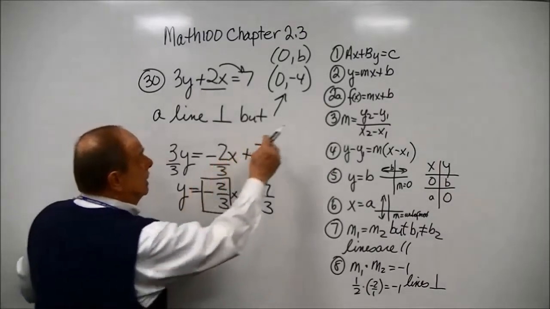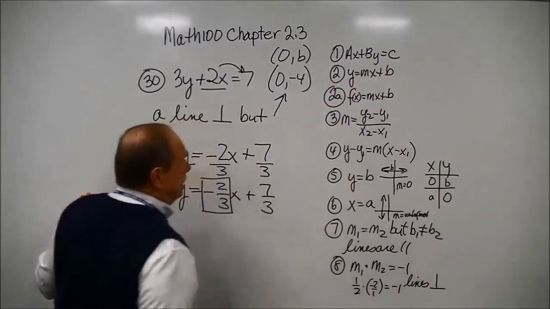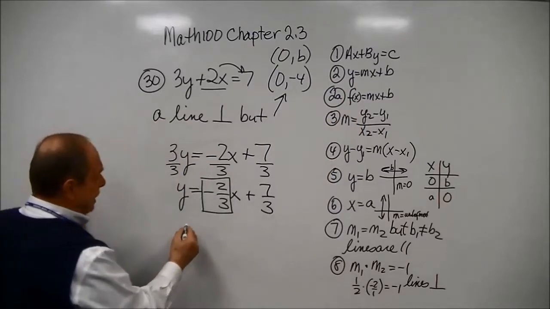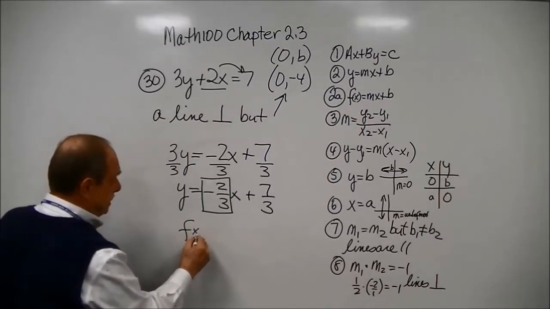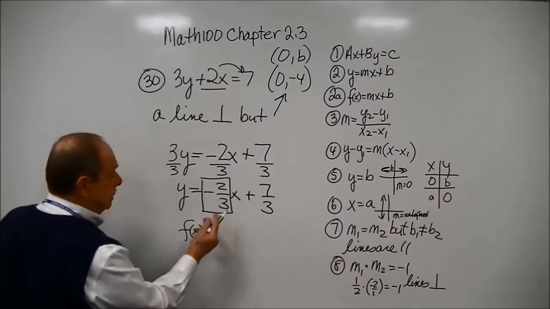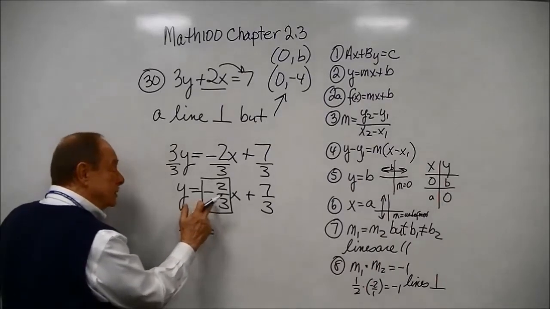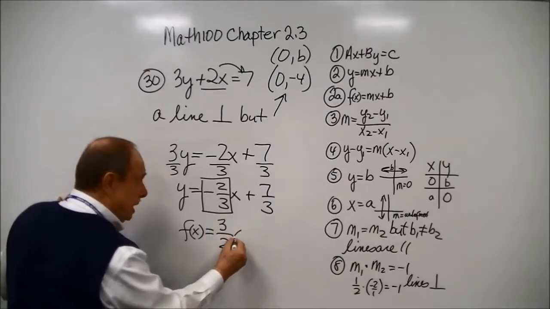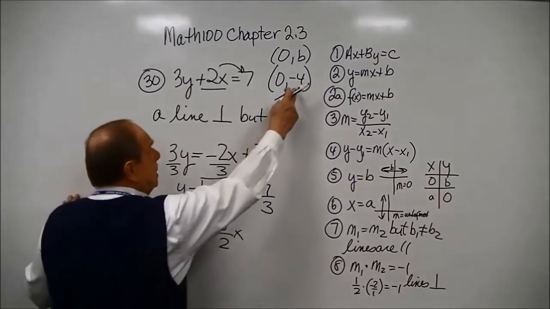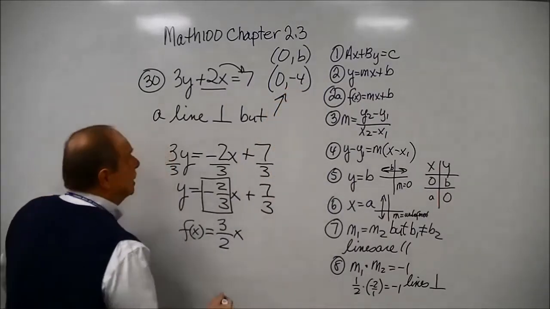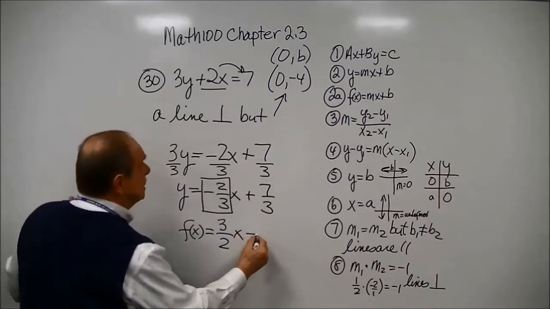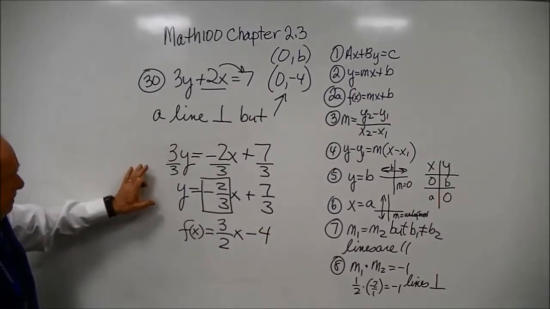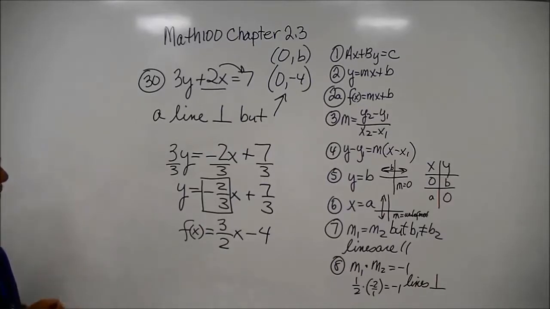I was putting it in the regular slope-intercept notation, but they want it in this form. So it would be f of x equals, the negative reciprocal of this would be a positive 3/2, we add the x, and now we apply this y-intercept, which is -4. So there it is, done a little more clearly and not so jammed up.